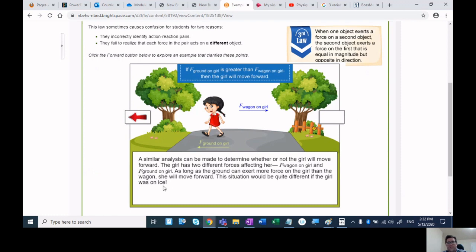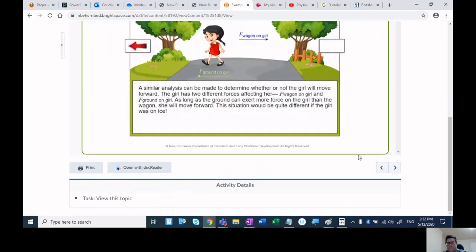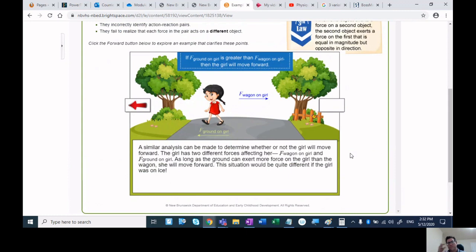The situation would be quite different if she was on ice, and if the wagon was more massive. But you can see the interrelation of the variables that we're using. If you increase that m over there, it reduces the force that she can then apply, and the inertia is increasing, etc. It's a whole system.